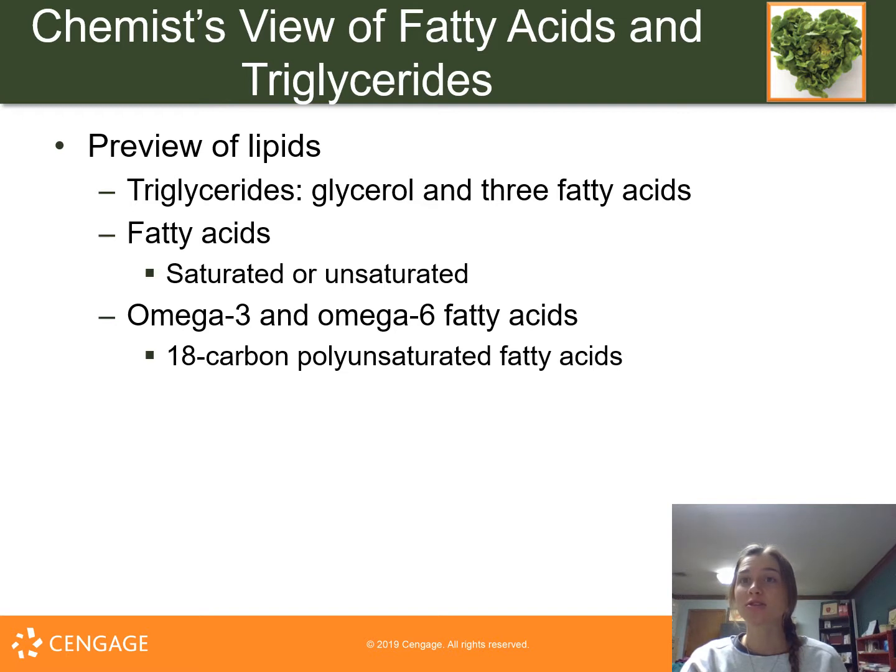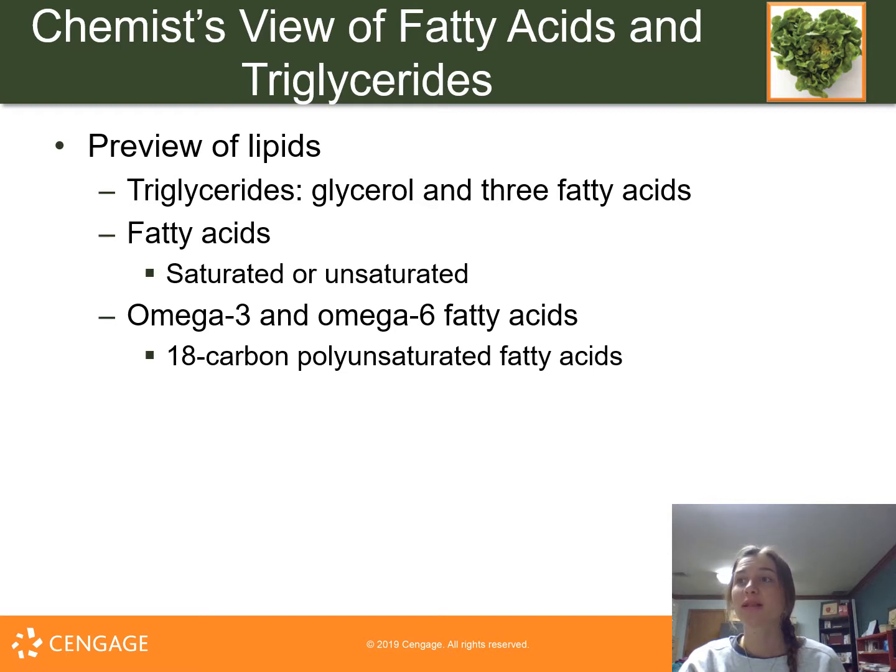And also with the differing lengths in those fatty acid chains, they also differ in their level of saturation. A fatty acid can either be saturated or unsaturated, and that depends on the number of double bonds or single bonds in the carbon chain with the saturation of hydrogens.